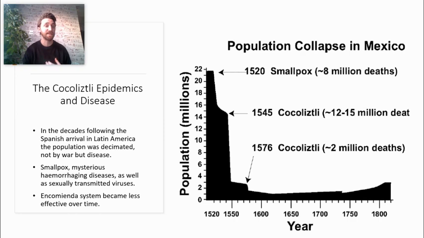It is not simply the Spanish and Portuguese killing locals, although that did happen. These numbers are down to, one, smallpox, which rips through the Latin American population. There's also a mysterious hemorrhaging disease that appears, so people just start profusely bleeding from all their orifices.